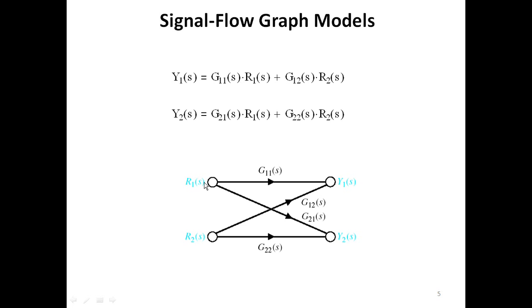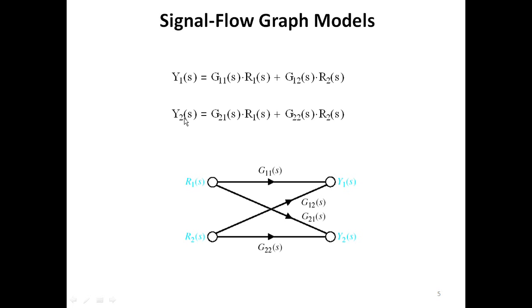So one signal is coming from r1 of s, whose gain is g11 of s, so the arrow points from r1 to y1 with gain g11 of s. The second signal is coming from r2 of s with gain g12 of s, so the arrow points from r2 to y1.